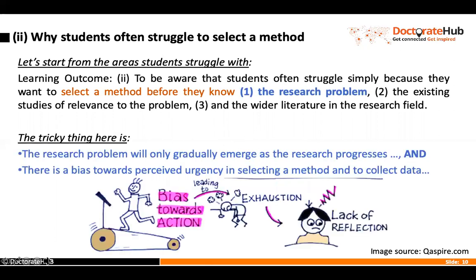Now, while that sounds simple, in practice it often is not. And one of the main reasons that I have come across over and over again is a bias toward actions. It's not uncommon that in the first months of the study or of the doctoral journey, students already say, okay, I will do that survey, I will ask those questions.